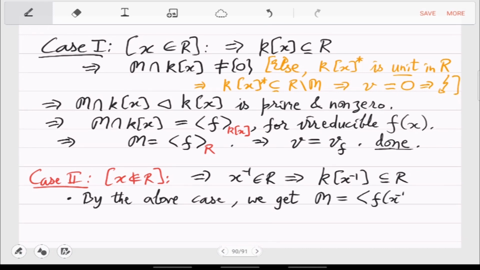We get some polynomial which is irreducible, generating the maximal ideal, and the only thing which will be different, which is not covered in case 1, will be X inverse.